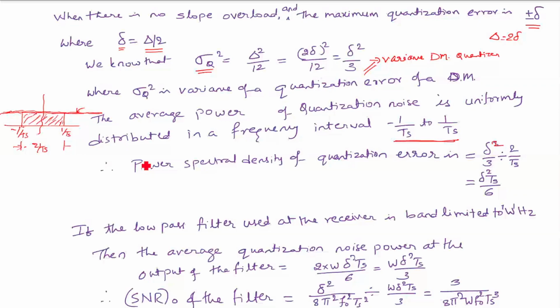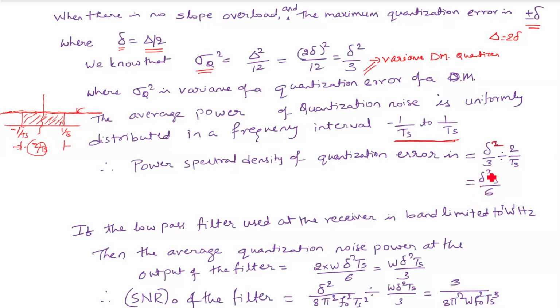Now if I want to get back to the noise power spectral density, what I have to do is divide the average noise power by 2 by Ts. This will give me delta square multiplied by Ts by 6.